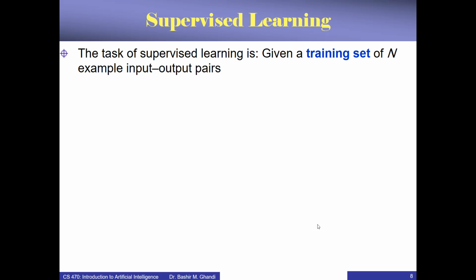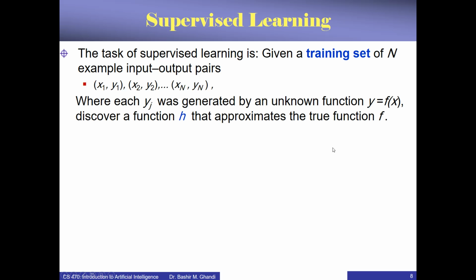So the task of supervised learning, as we said, is given a training set of n example input-output pairs. x1 is mapped to y1, x2 is mapped to y2, and so on. Of course, yj was generated by an unknown function. So the system doesn't know which function actually maps the x's to the y's.